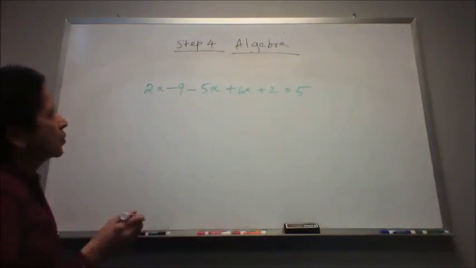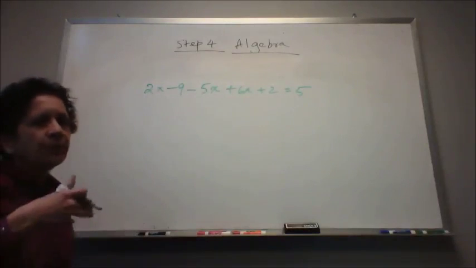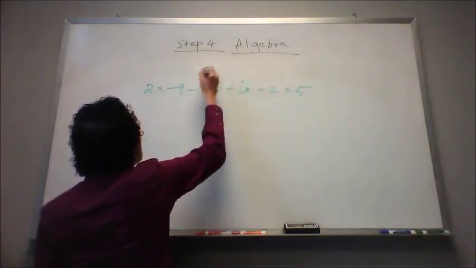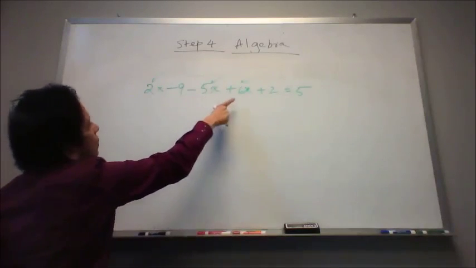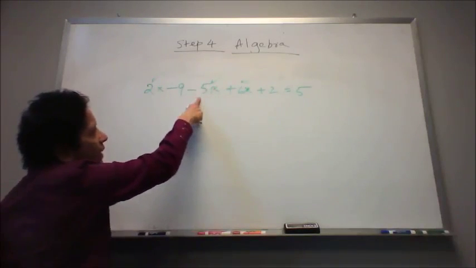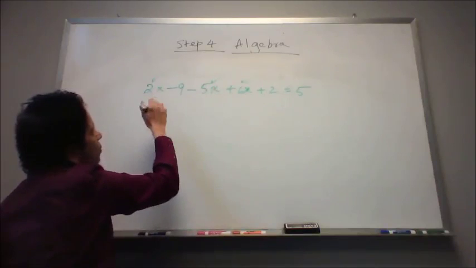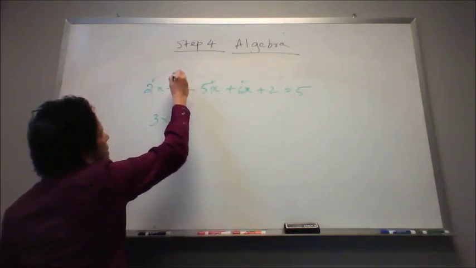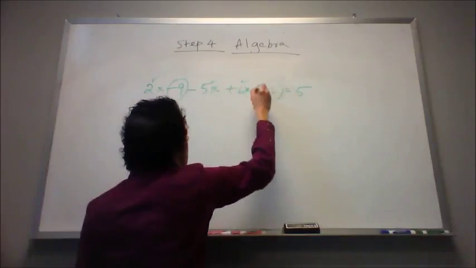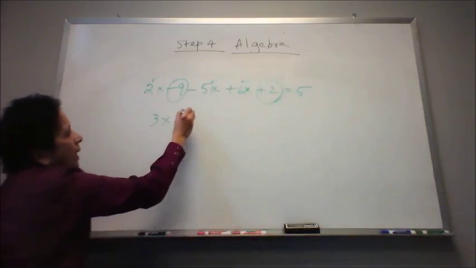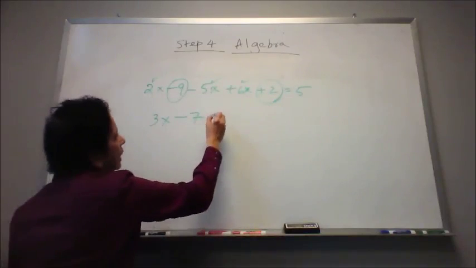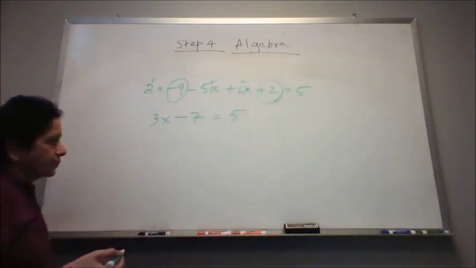The first thing you want to do is simplify, right? You've got the like terms: this term, this term, this term. 6 minus 5, that's 1. 1 plus 2, 3, so that's 3x. And then you've got minus 9 plus 2, so that's minus 7, right? You need to remember step 1, and then equals 5, okay?